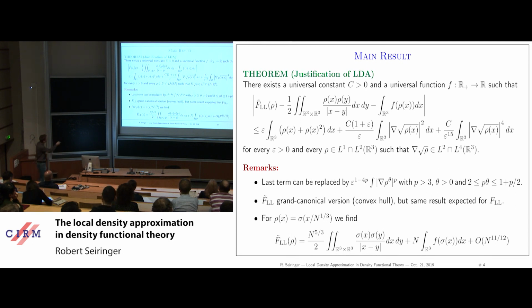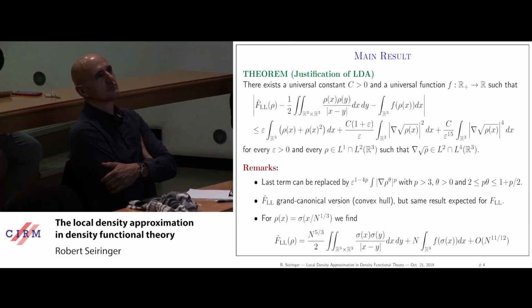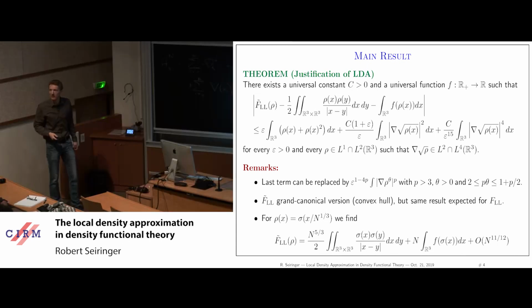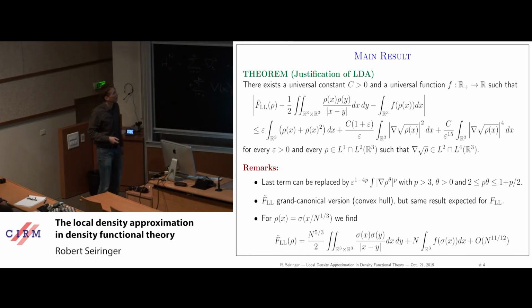That explains the tilde on it, so it's not quite the functional I wrote down. And we subtract the Coulomb term, the direct energy, and then what we expect the result to be, namely this local energy, the integral of the energy density of the uniform electron gas evaluated at rho, integrated over x, and the claim is that this difference is small indeed if the density is slowly varying.